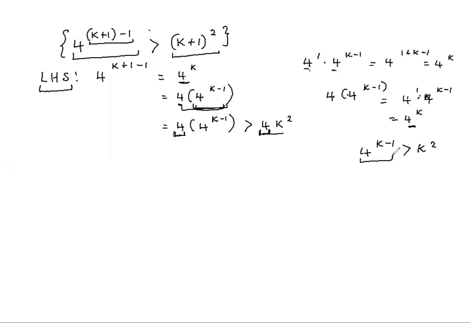And you can write 4 as 2 plus 2. 4 is the same as 2 plus 2. So we can write it as 2k squared plus 2k squared. There is equality.